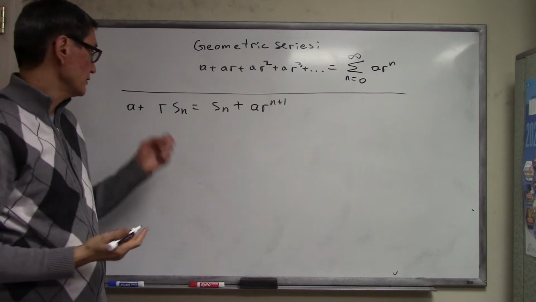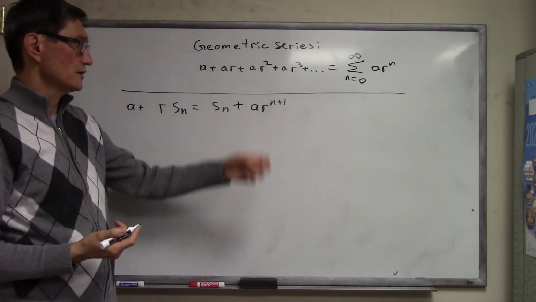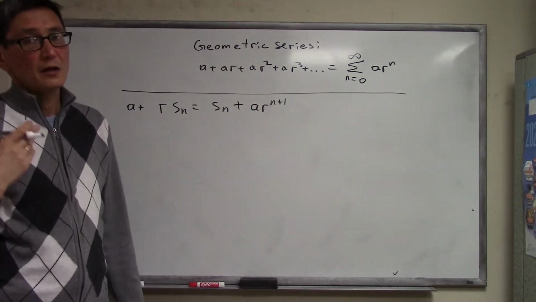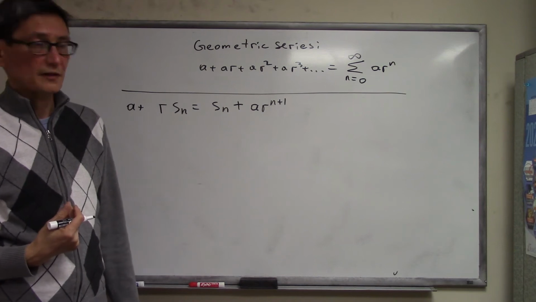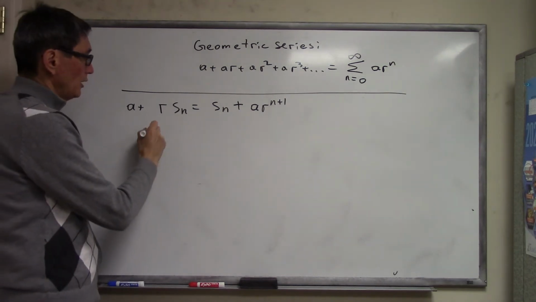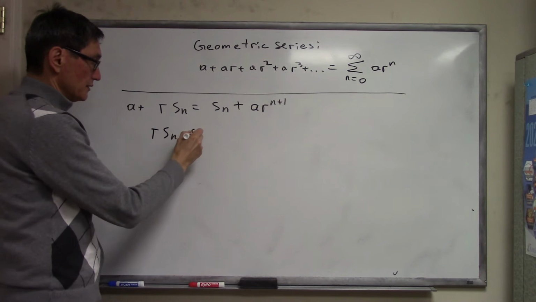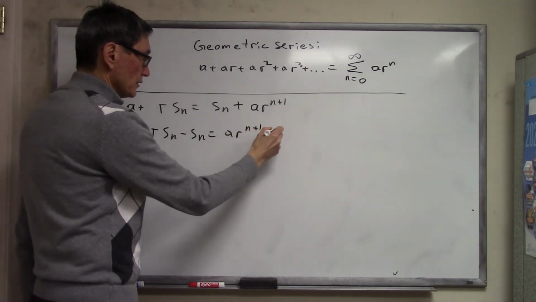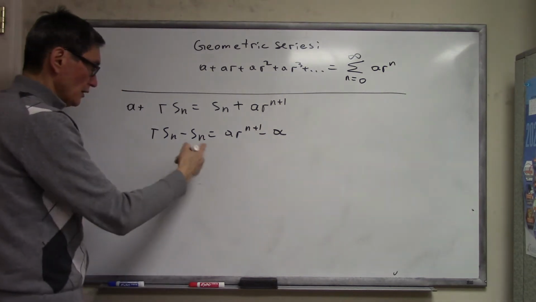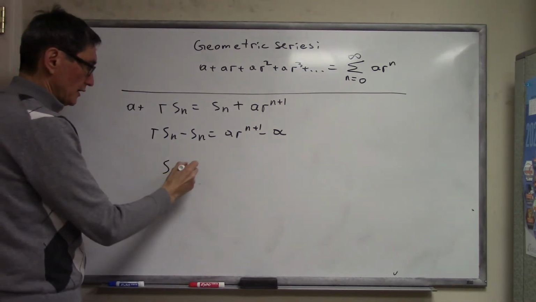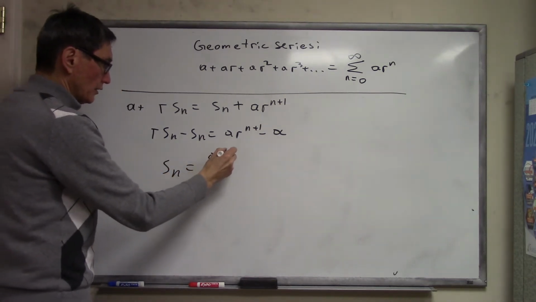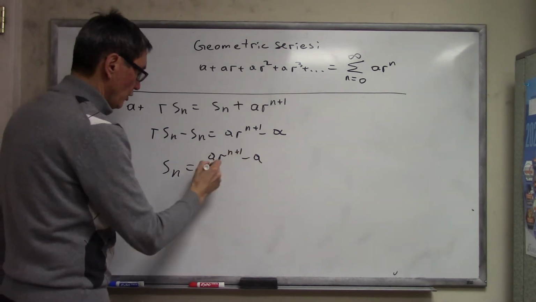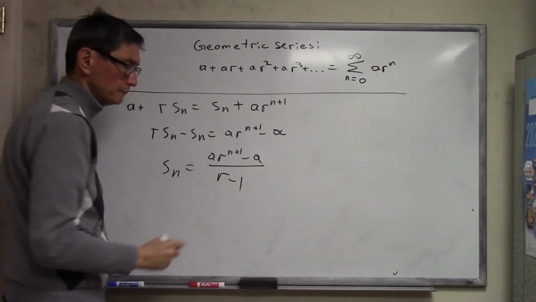We solve it for the nth partial sum. Solve it for Sn, so we get Sn equals a times r to the n plus 1 minus a, over r minus 1.